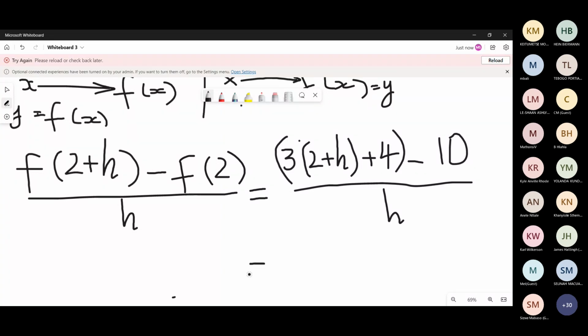This difference is equal to, now, if we now multiply, this will be 6, right? 3 times 2. 6 plus 3 times h is 3h, right? Clear, right? Plus 4. Minus 10. Divided by h.